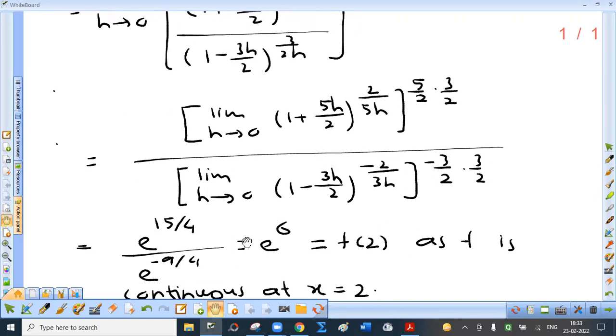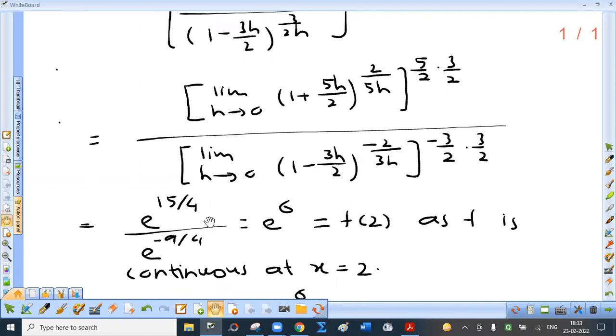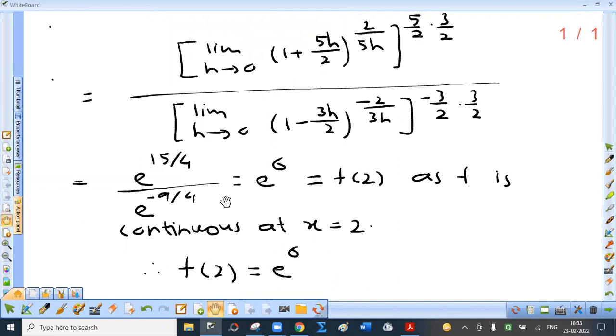By laws of indices, this is e raised to 15 by 4 plus 9 by 4. That is e raised to 6, which is the limit. As the function is given to be continuous, f of 2 is k. I should have written it equal to k. So the value of k is e raised to 6.